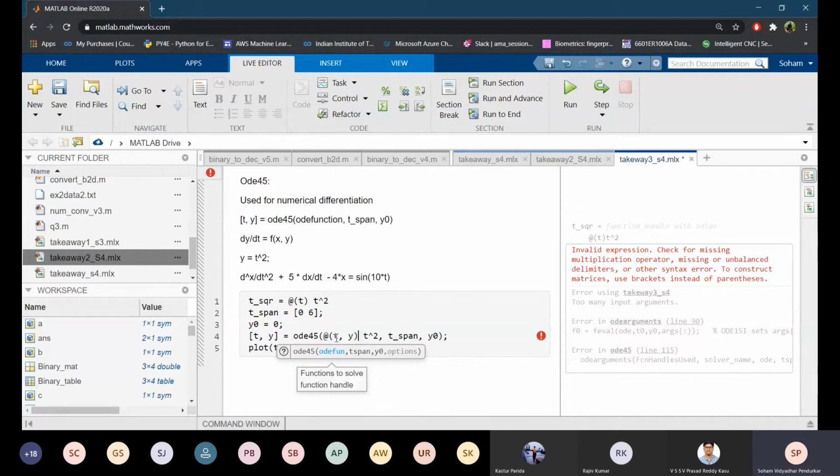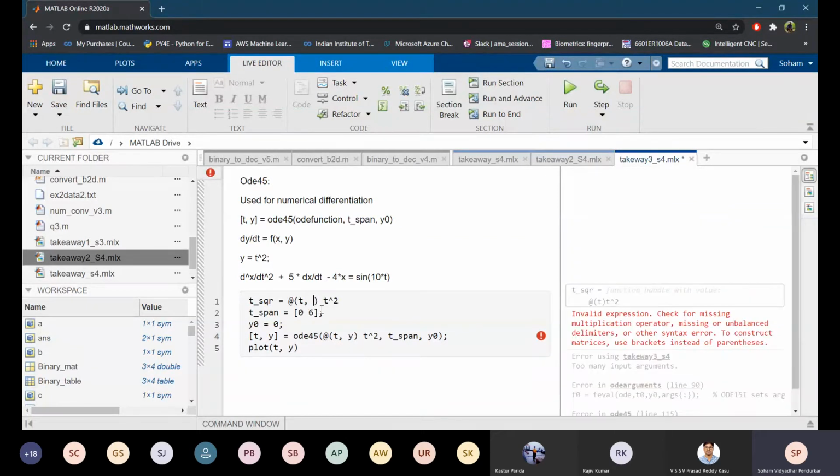So now it completes the differential equation, right? It didn't know what I meant. How come there was only one variable? That is where I was failing to provide the second variable, the dependent variable. So now @t comma y, and I also forgot to do that here.